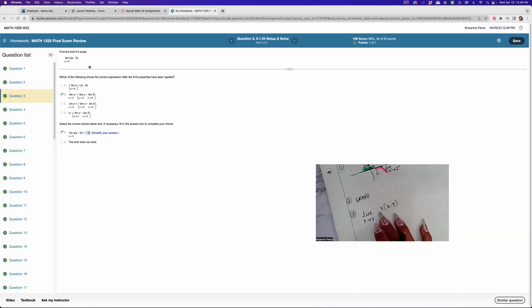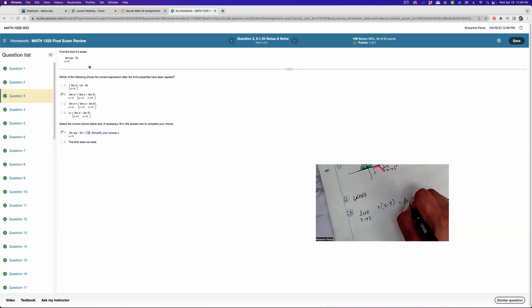Okay, and so if we break this down, we can break this down into unique parts. So the limit of x times the limit of x minus the limit of 5, and these are all evaluated as x approaches 3. Okay, so that's part A.